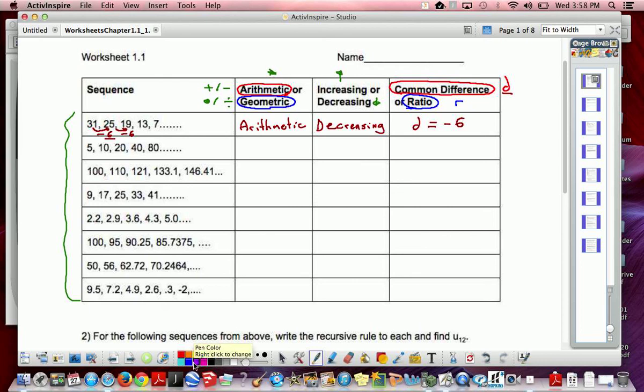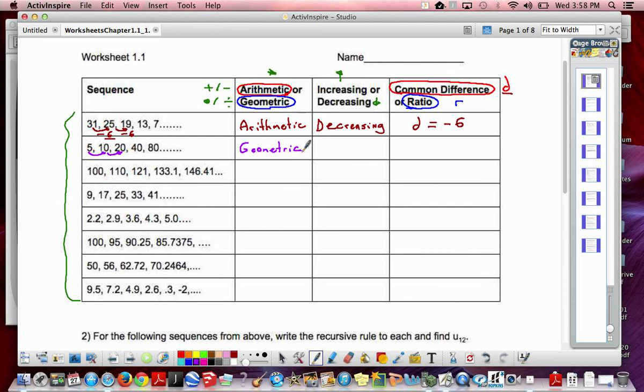So moving right along to the second one, same process throughout all of these. So I think to myself, what do I do to go from 5 to 10? Well, normally I add 5, but if I add 5 to 10, I don't get 20. So I know it's not arithmetic. So this time I know it's geometric.